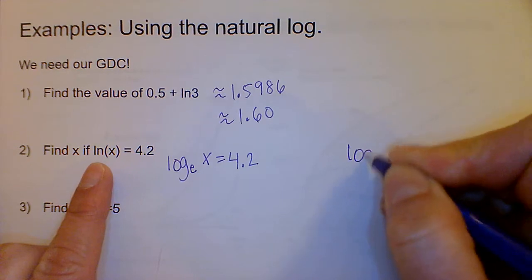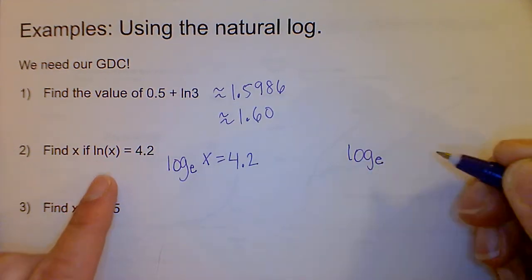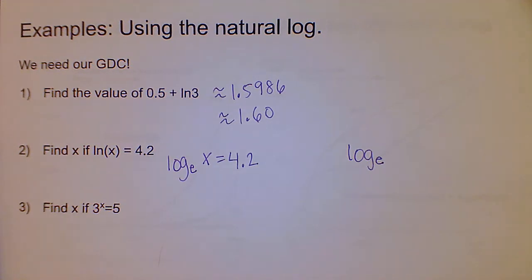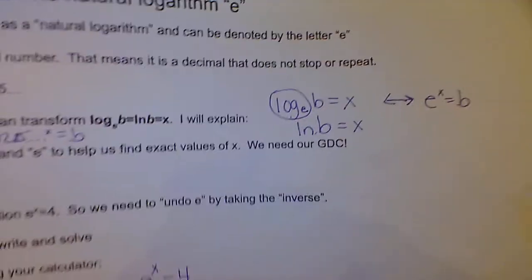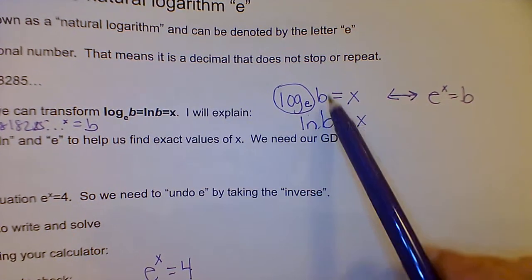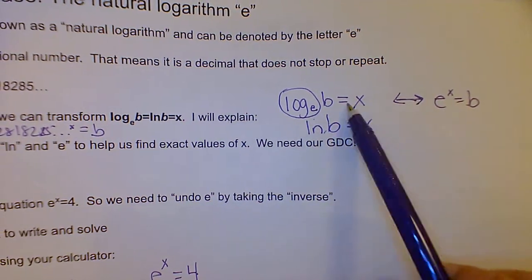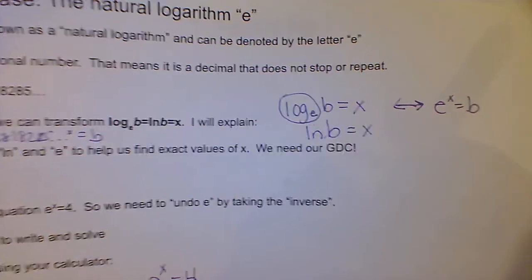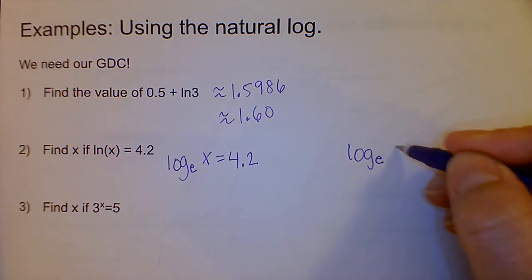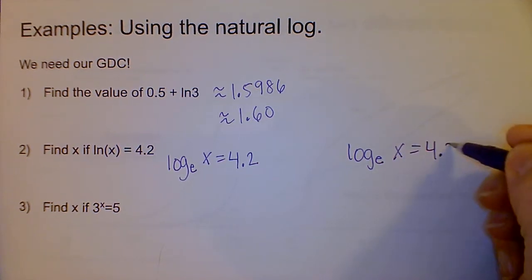So remember, log base e from our previous sheet, log base e of b equals x. These are interchangeable, and so are these. So please be careful. So we have log base e of x equals 4.2.